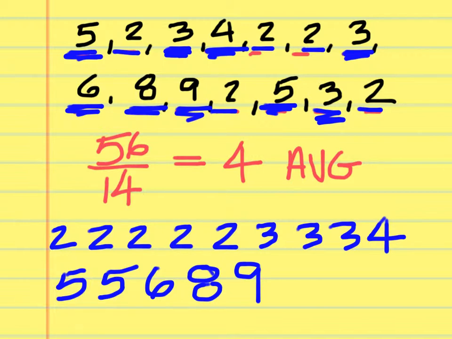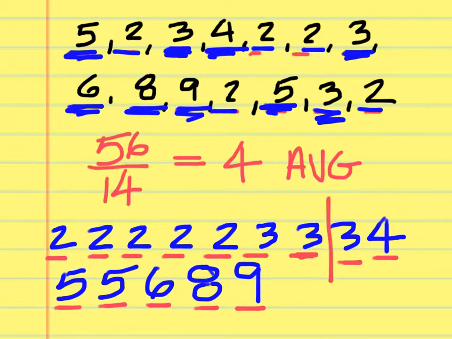How many numbers there are. How many numbers are there? 14. What's half of 14? 7. So we'll go 1, 2, 3, 4, 5, 6, 7. And then count back 7 the other way. 1, 2, 3, 4, 5, 6, 7. So the middle number is in here.